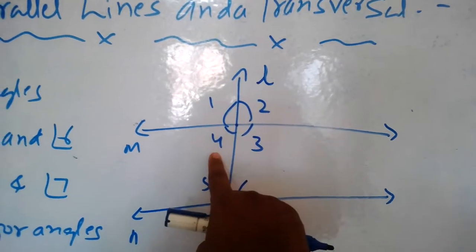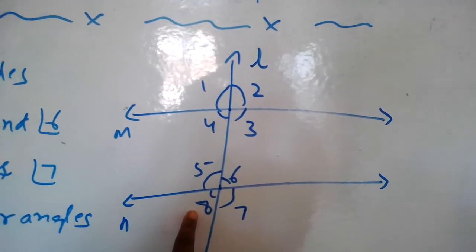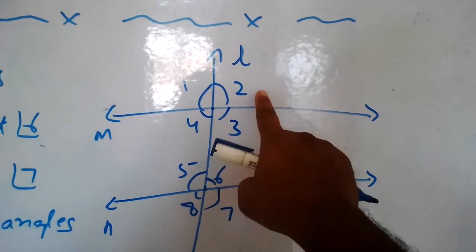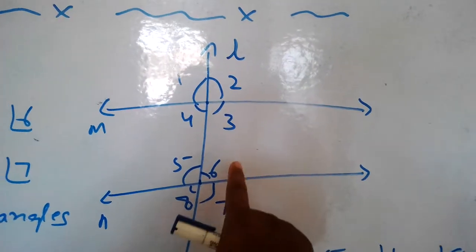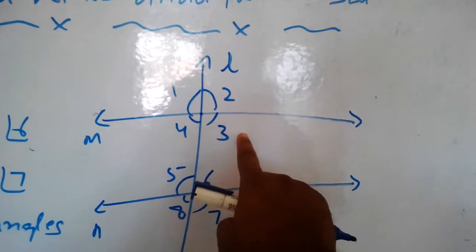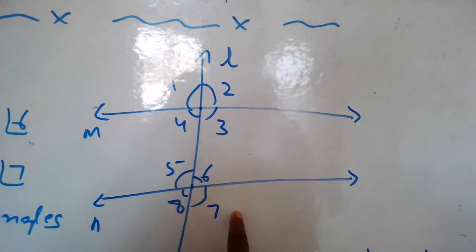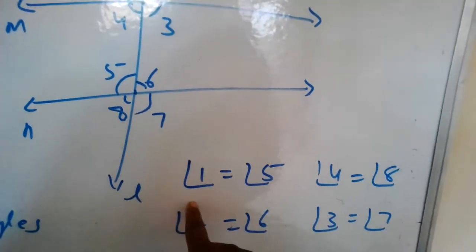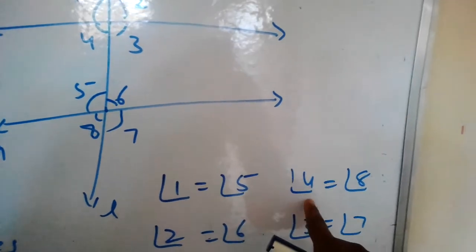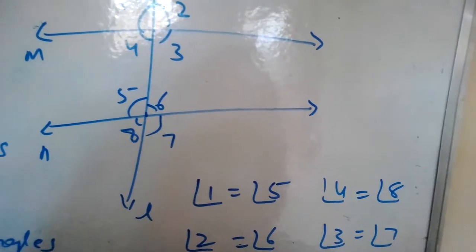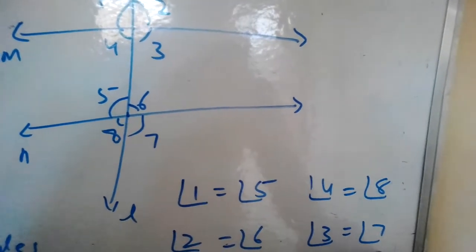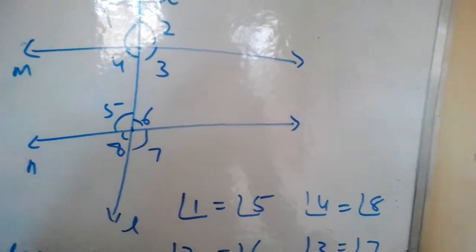If angle 4 is 30, automatically angle 8 is also 30. If angle 2 is 60, automatically angle 6 is also 60. If angle 3 is 50, automatically angle 7 is 50. So angle 1 equals angle 5, angle 4 equals angle 8, angle 2 equals angle 6, angle 3 equals angle 7, all these are corresponding angles.